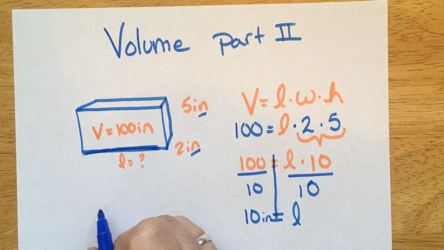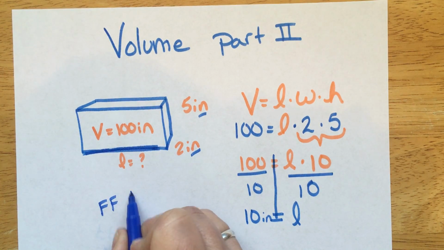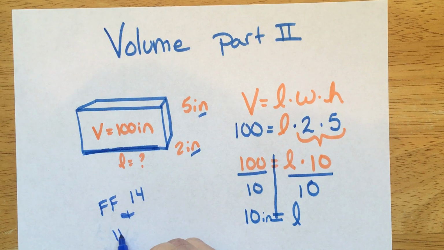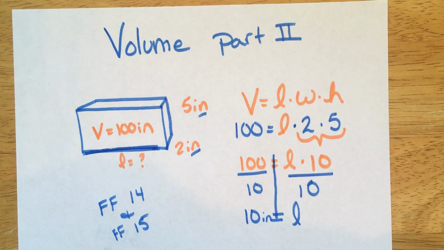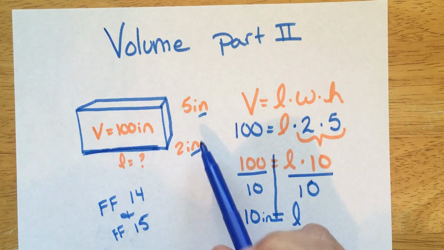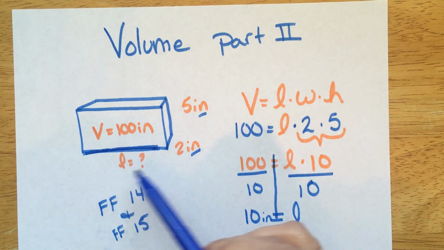All right, now you should totally be able to do FF14 and FF15 on IXL today. FF14 is just filling in, or they give you a shape and you're multiplying them.